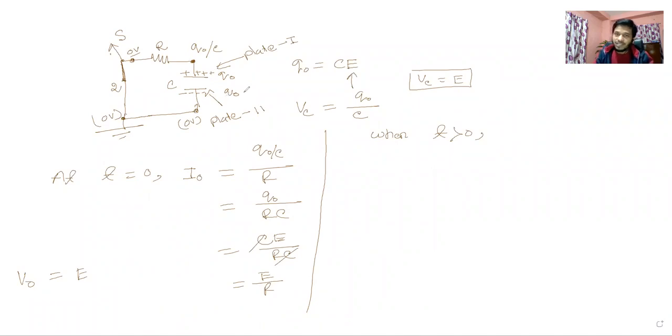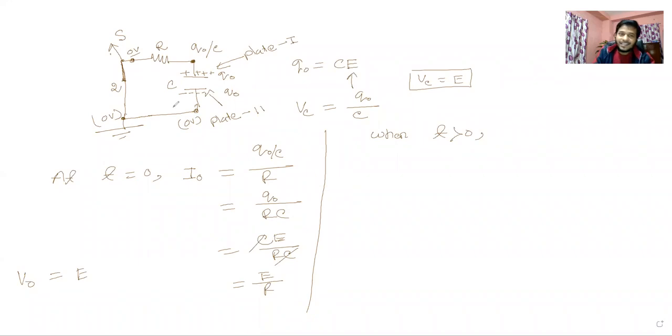When the time is greater than 0, the negative charge or electrons on plate 2 will be attracted towards the positive charge on plate 1, because negative charge always gets attracted towards positive charge. That means these electrons will start transferring from plate 2 to plate 1.